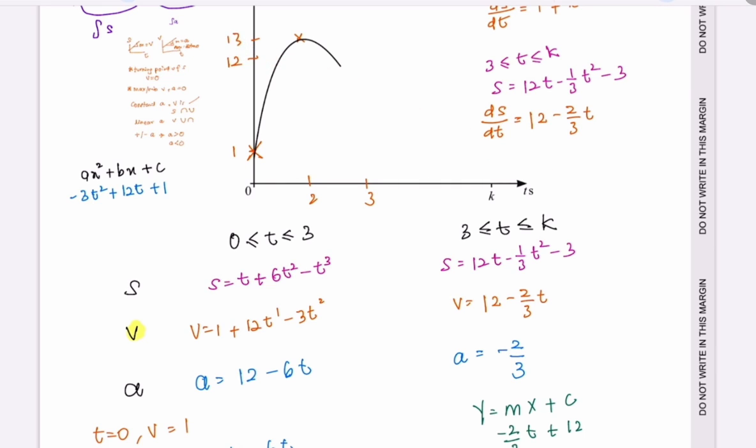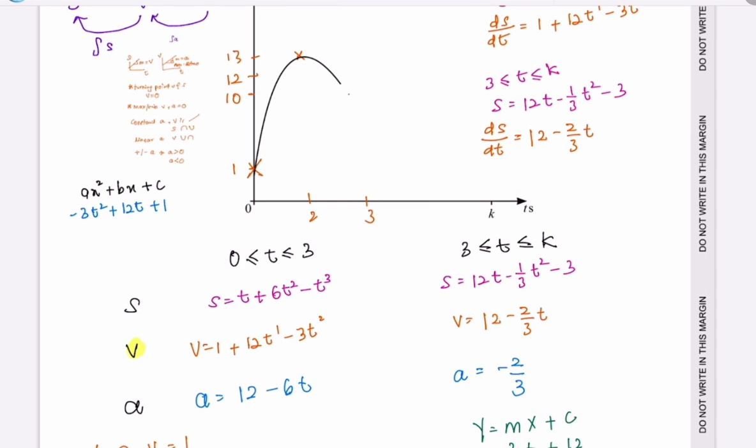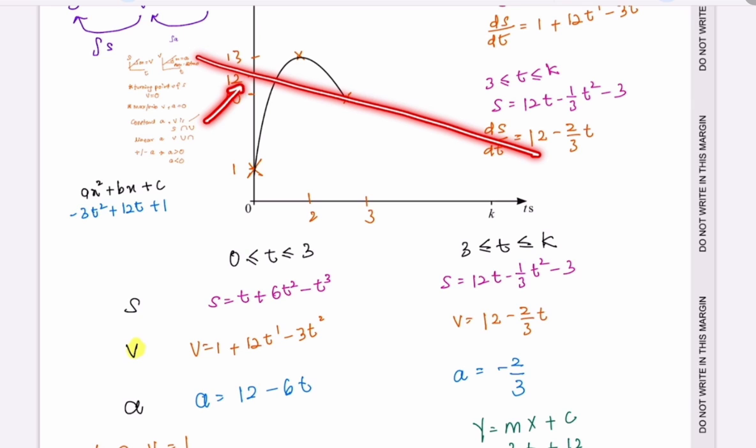Let's find v when t is equal to 3. I'm not going to use the earlier equation anymore, I'm going to use this one. Substitute 3 here, the 3 cancels, so it's just 12 minus 2, which is 10. So v is 10 at t equal to 3. I'm going to extend this a bit and draw one straight line like that. This is where it cuts at y equal to 12.